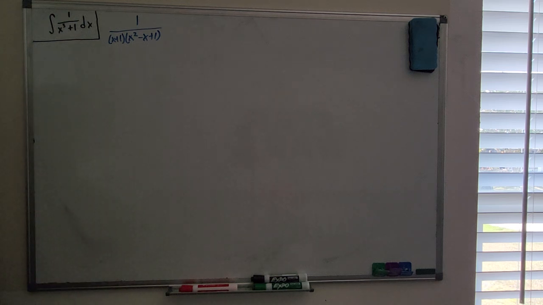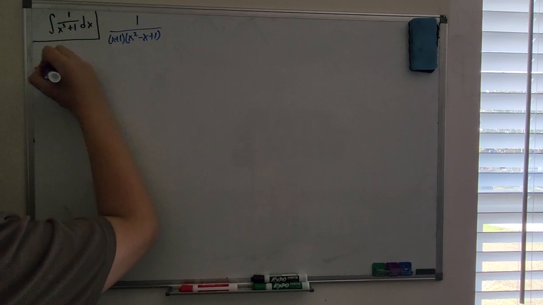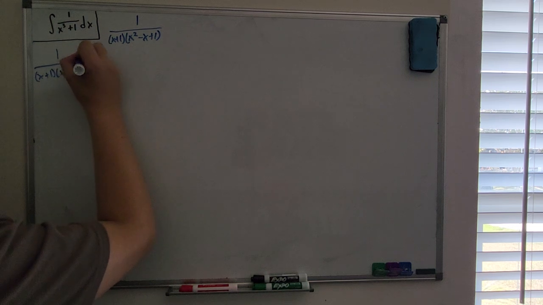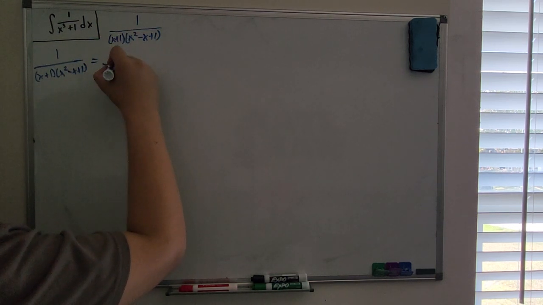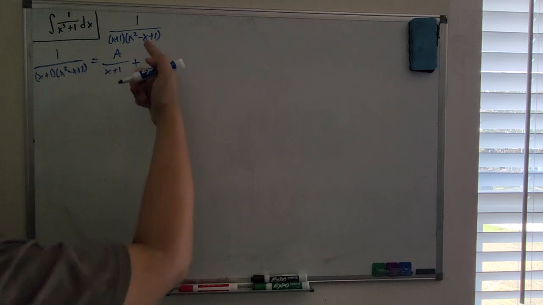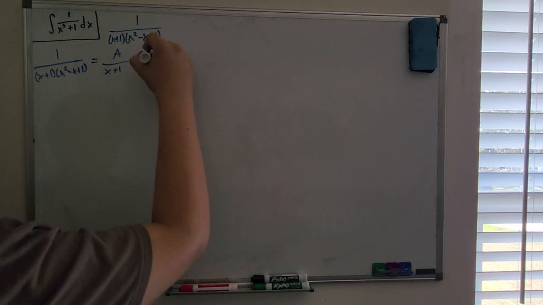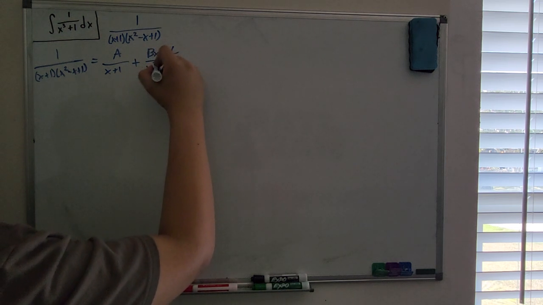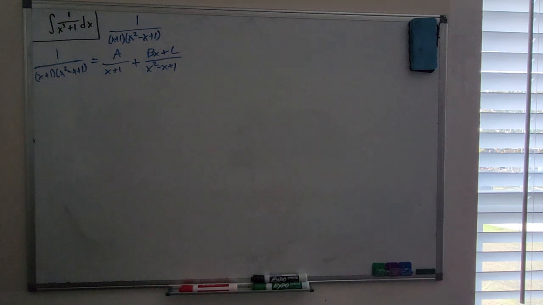So now, using partial fractions, we can rewrite this: 1 over (x plus 1)(x squared minus x plus 1) equals A over x plus 1, because this is just a binomial, plus, this is quadratic, so we need a linear expression on top, Bx plus C, over x squared minus x plus 1. Just like that. Now it's a little bit easier to deal with.